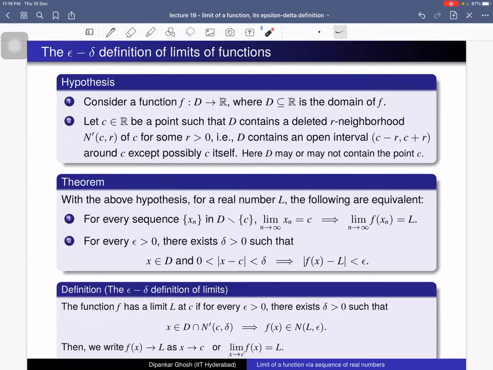In some books they define that the function f has a limit L at x equal to c if it satisfies a certain condition. What is that condition?